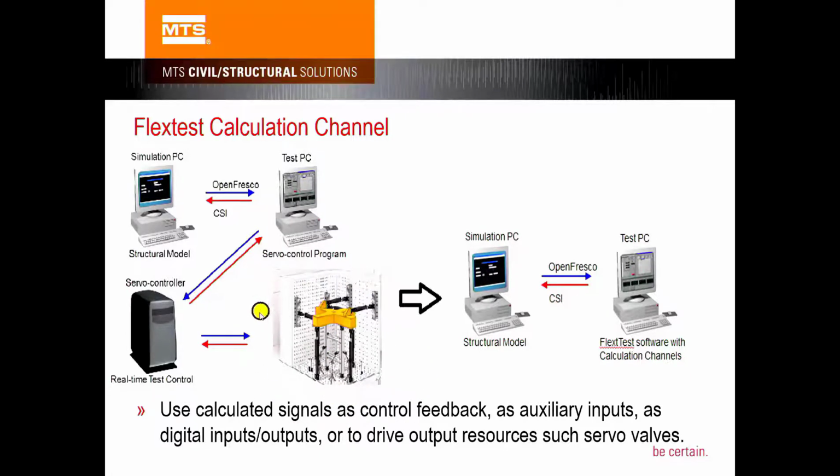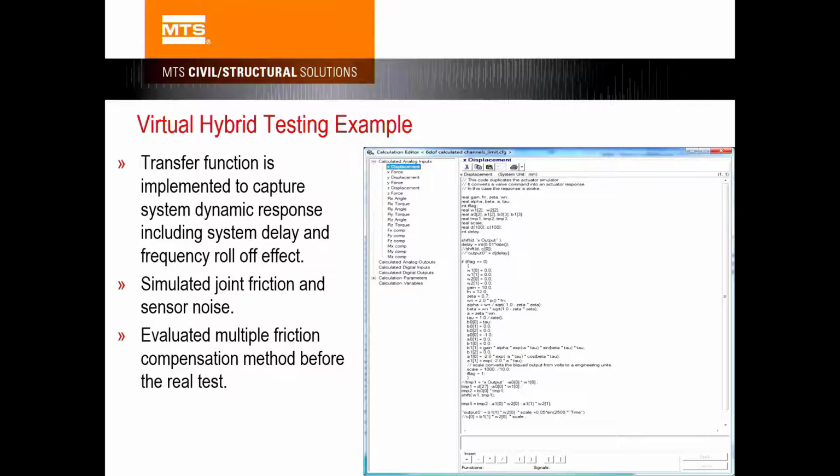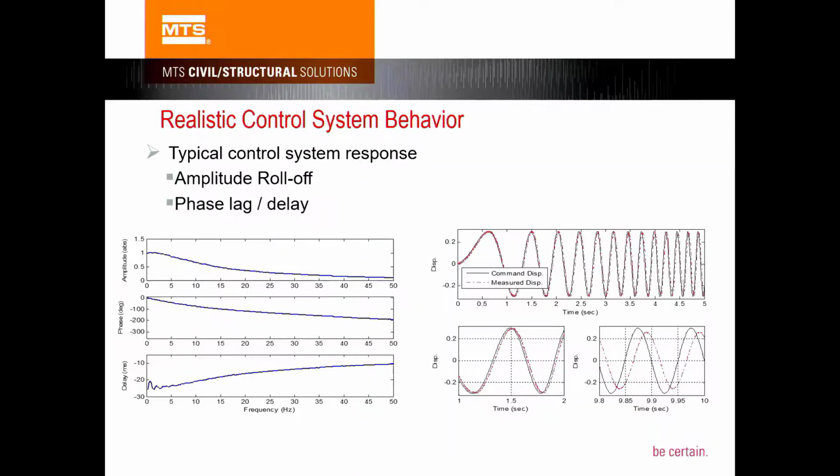For the real test part, you can use the calculation channel to model this specimen and the test rig. So this is an example of a virtual hybrid test using a calculation channel.